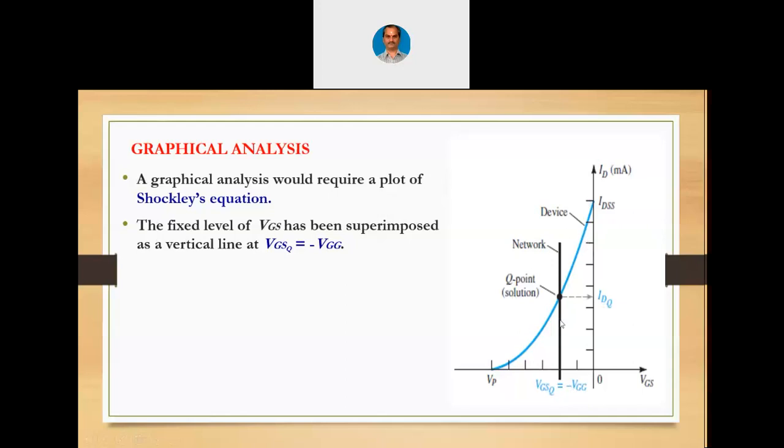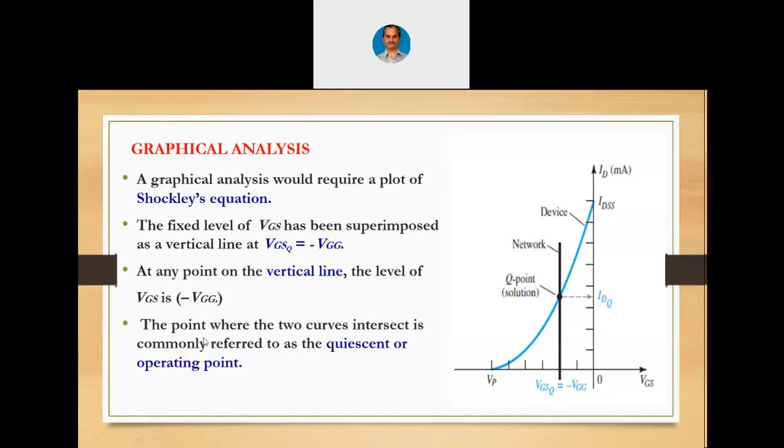So, the curve itself is a transfer curve. Wherever the gate supply cuts the transfer curve, correspondingly we have the output current. At any point on the vertical line, the level of VGS is minus VGG because it is fixed. The point where the two curves intersect is commonly referred to as the quiescent or operating point.